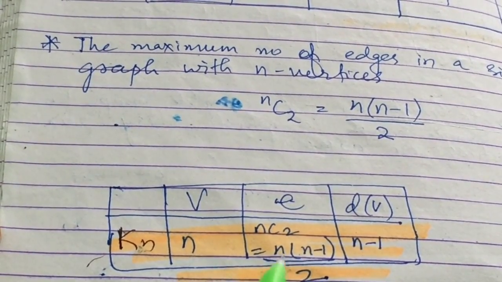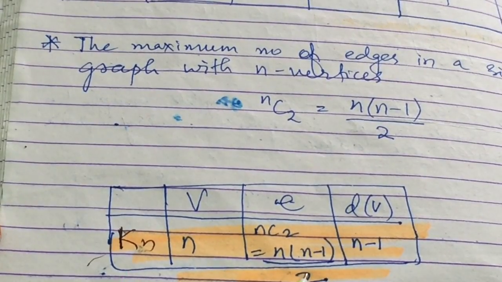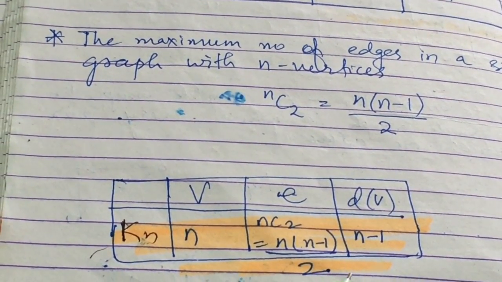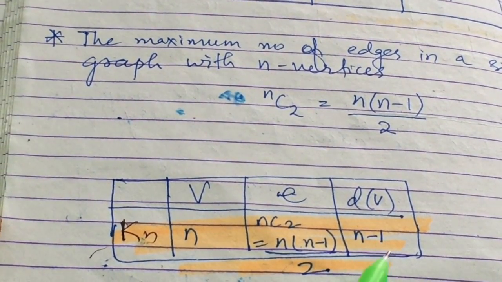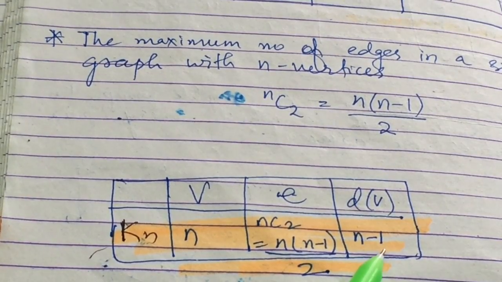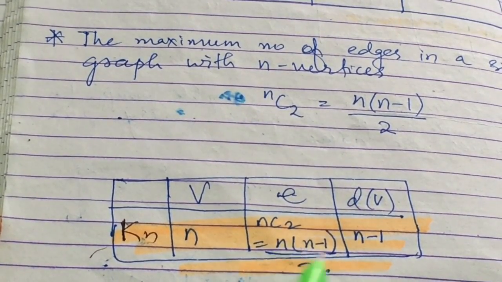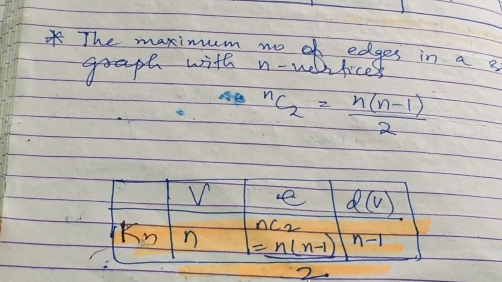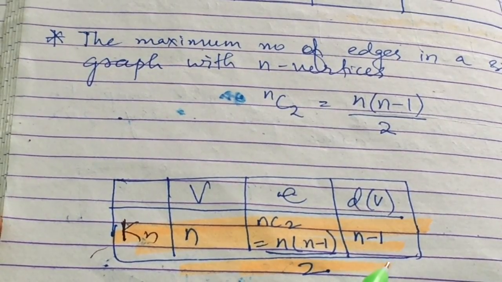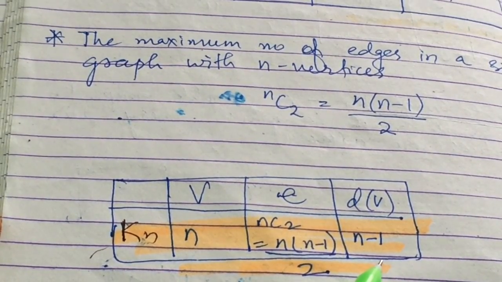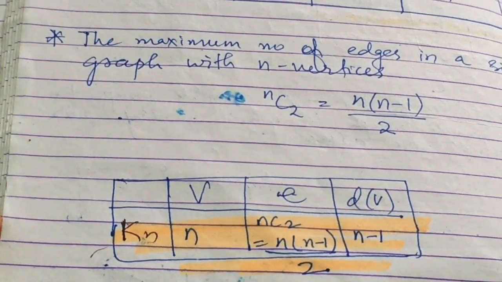So in K5 the number of edges will be 10. And the degree of each vertex will be n minus 1, in general.